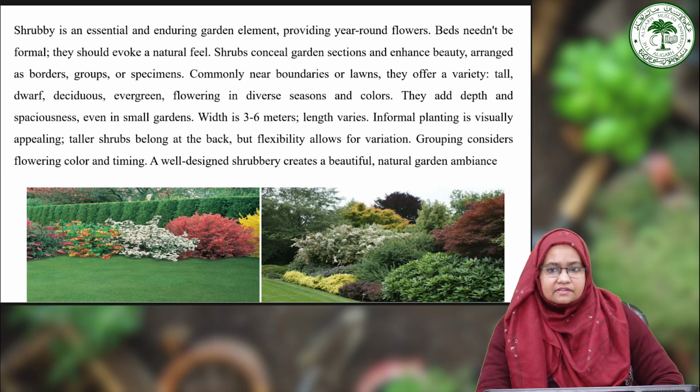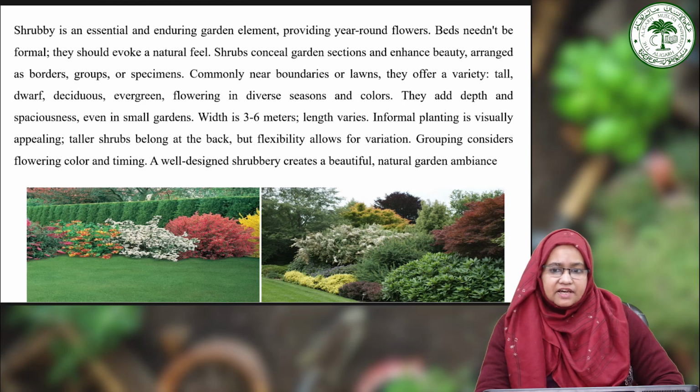Garden beds do not necessarily have to adhere to formal layouts. Instead, they should evoke a natural organic atmosphere. Shrubs serve multiple purposes, from concealing different sections of the garden to enhancing its overall aesthetics. They can be arranged as borders, groupings, or individual specimens typically found near garden boundaries or lawns.